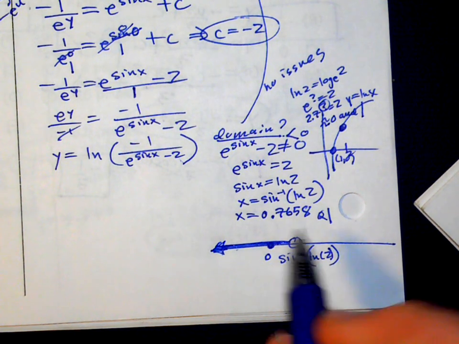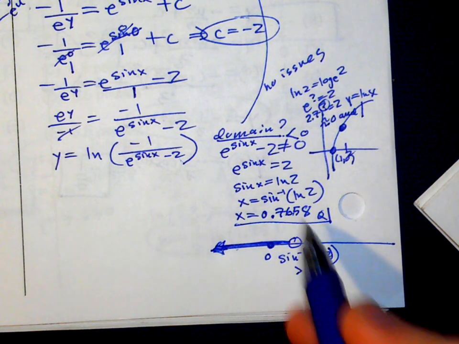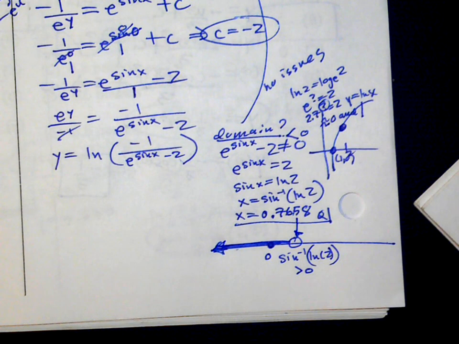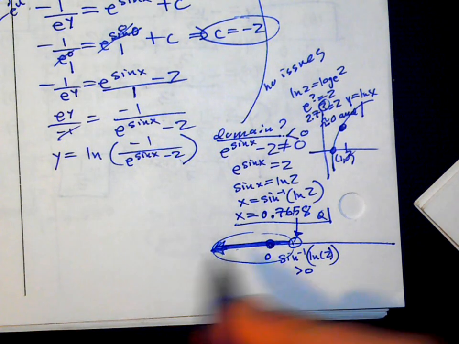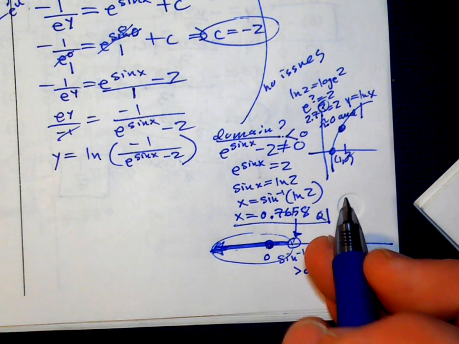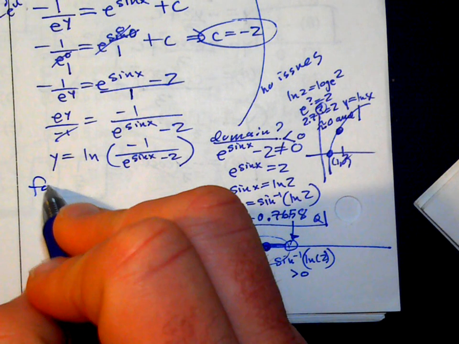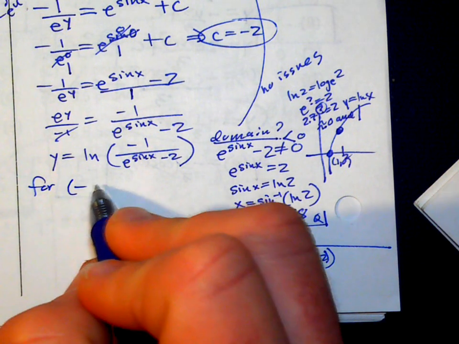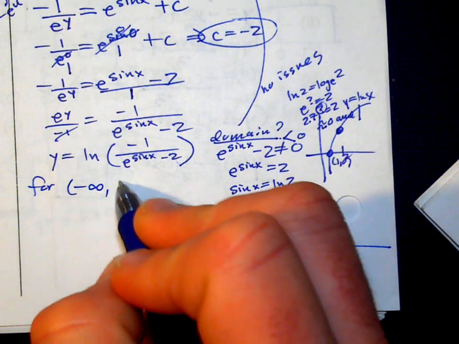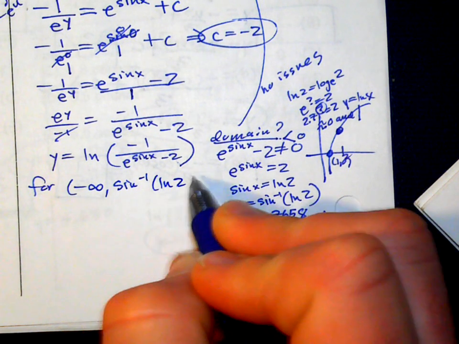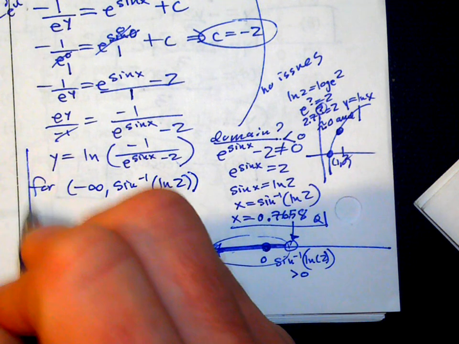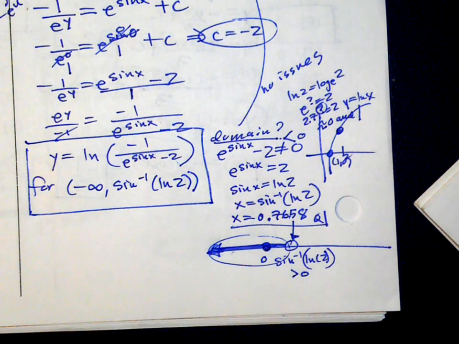Or you could use this value and be like, oh yeah, that's the value, and this is our initial condition, so this is our domain. Now, that's a picture of it. We need to write it, probably in interval notation. So we're going to say negative infinity to inverse sine of natural log of 2. And the domain goes with the answer.